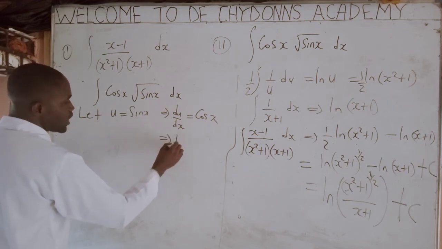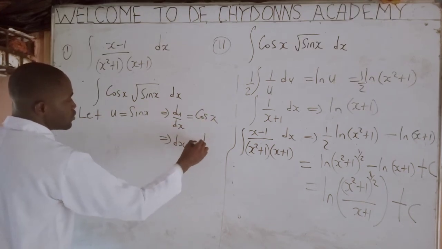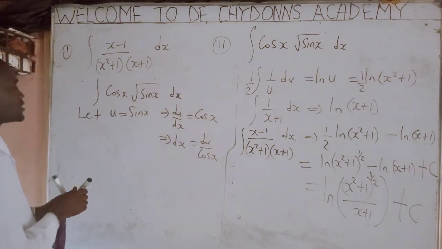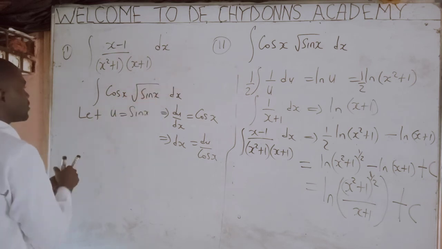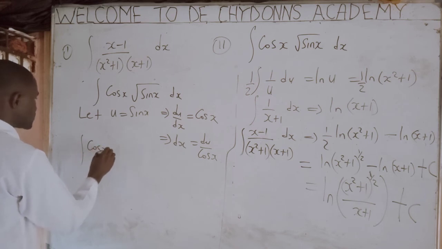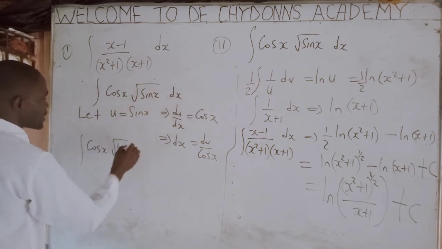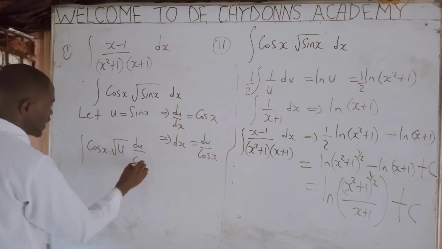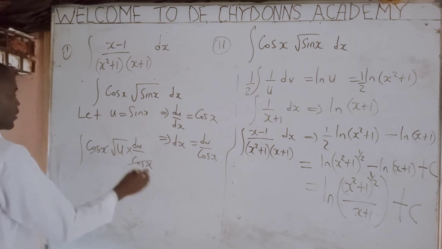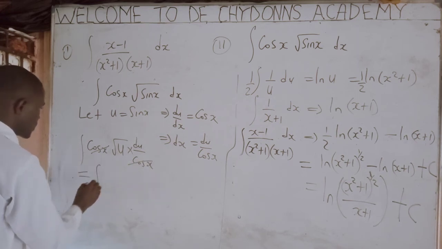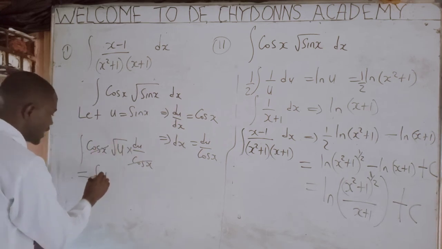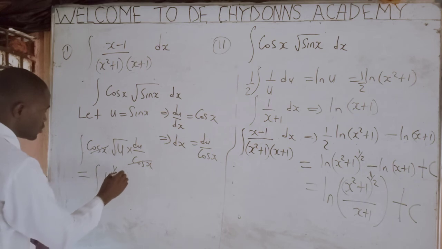Therefore, make dx the subject of the formula: dx will come up as du over cos x. Then you plug it here. This means integration of cos x root u, and what is dx? du over cos x. So this will cancel this. That will be giving you integration of root u, and that root u is the same thing as u raised to power 1 over 2 du.